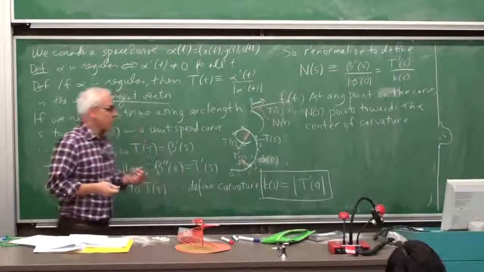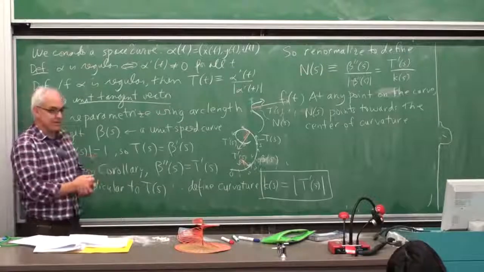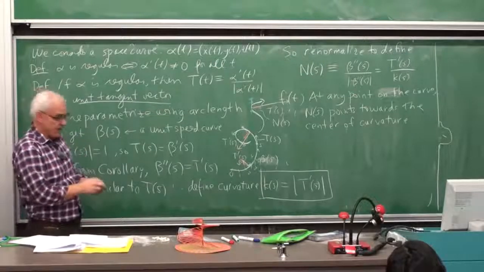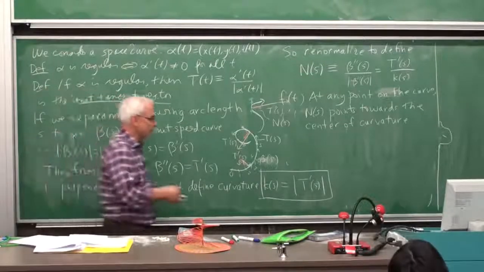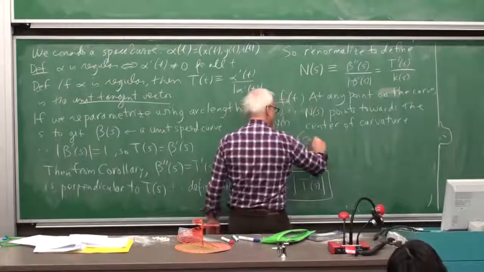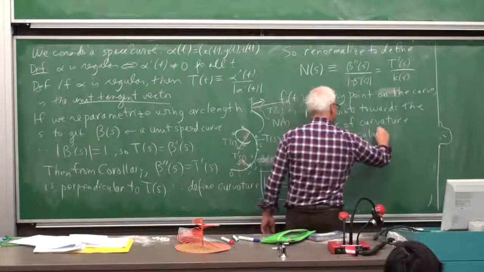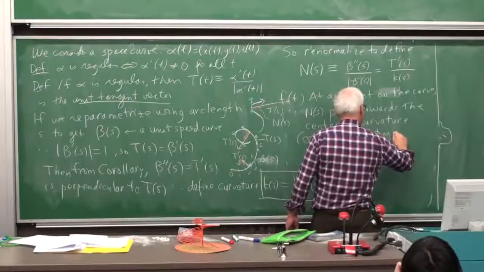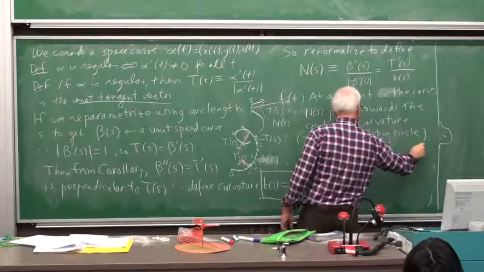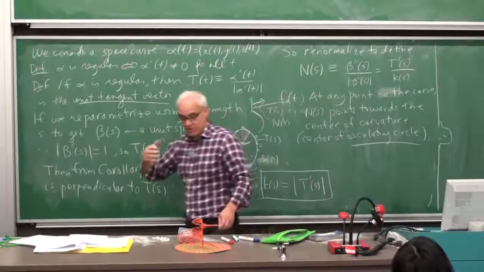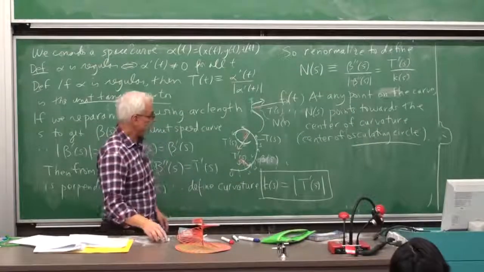So we could go a certain distance along there to find the center of curvature. That's the center of the osculating circle. It's the same concept as we had in the planar case, except it still is valid in the spatial case.